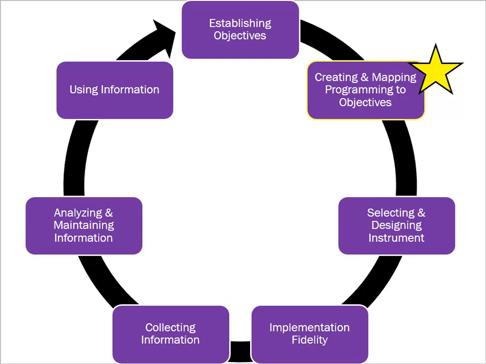For instance, you may have one objective that is covered in 5 different aspects of your program, whereas another objective may only be covered in one aspect of the program. The takeaway is that mapping your objectives to your programming is very useful whether you are creating new programming or you already have existing programming in place. We will see an example program objective mapping shortly. Let's continue on.